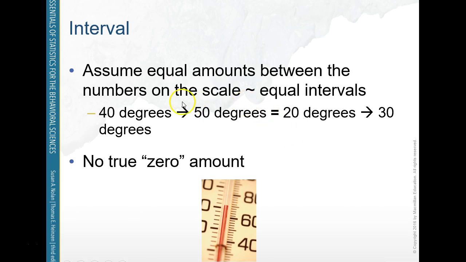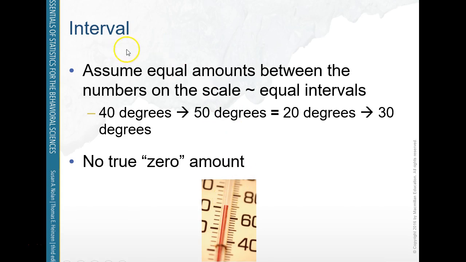In interval data, your score is an actual number. So yay, we have numbers, and these are numbers that you can do math with, which is nice. You're assuming that you have equal distance between the numbers on whatever scale you're using. The typical scale we use to describe interval data is temperature.